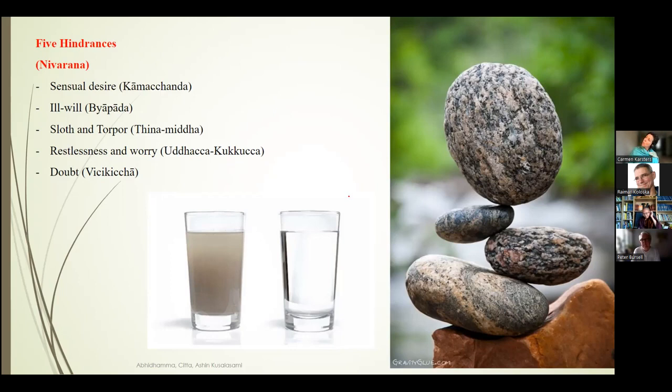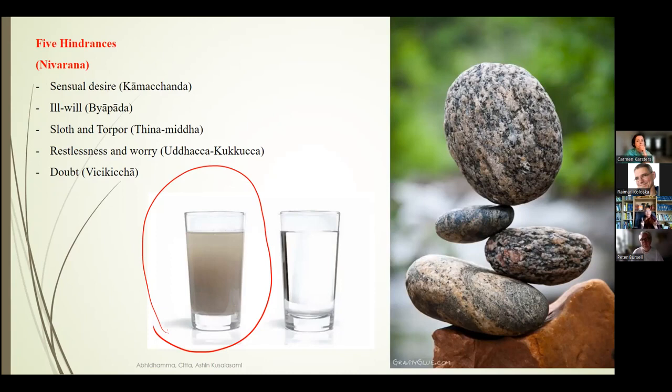What I put in this glass is because I want to show you something. Our mind is like this glass of dirty water. The water is dirty because it is mixed with dust. These hindrances are like that. In our mind, these hindrances, sensual desire, ill will, sloth and torpor, restlessness and worry, doubt, these five at least. There are other defilements as well, and you may learn in the seventh chapter about the defilements of impurity.